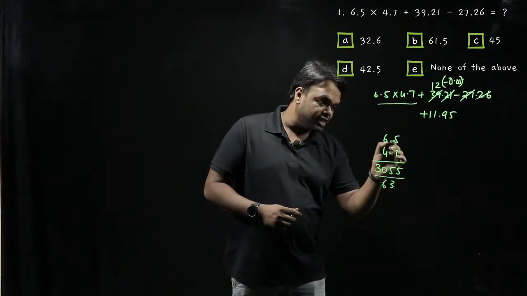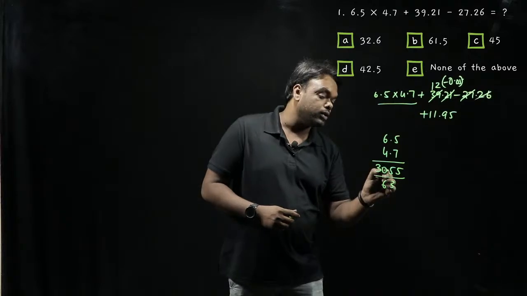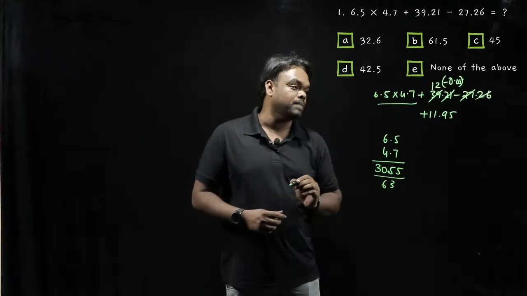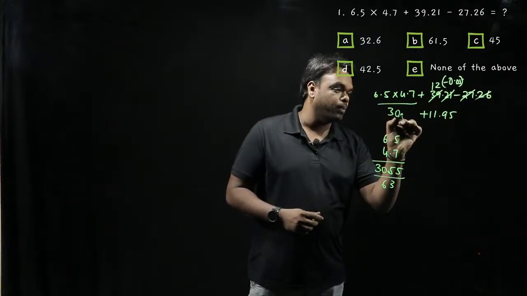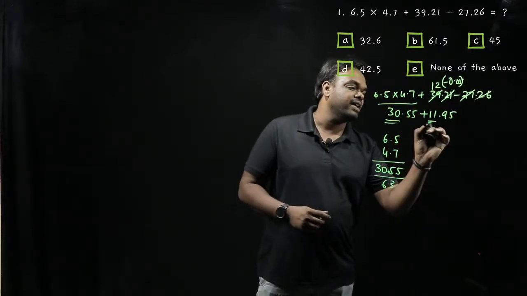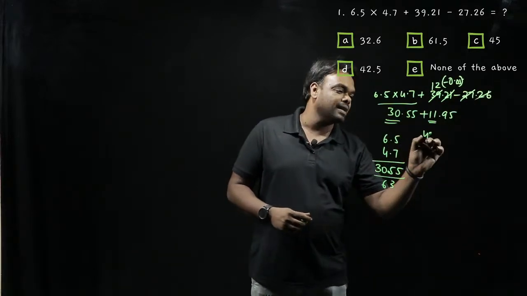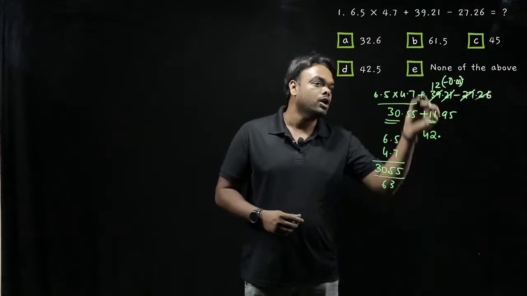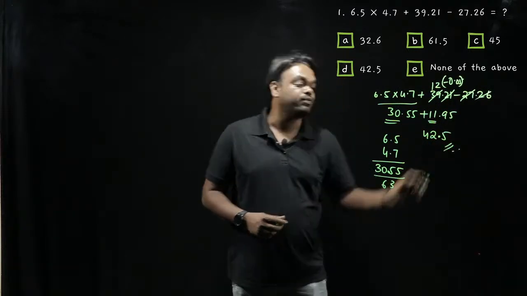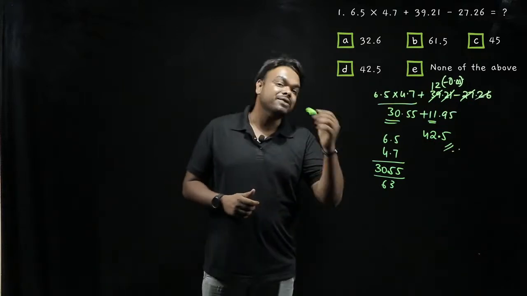One digit after the decimal point, one digit after the decimal point, altogether 2 digits after the decimal point. So this becomes 30.55. If we add 30 plus 11 it becomes 41, and 0.5 and 0.95 should give something like 42 point something. Look at the options: 42.5 should be our first answer. So let us continue with the second question.